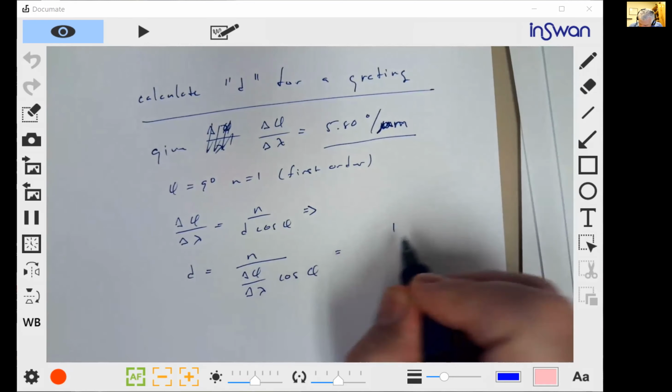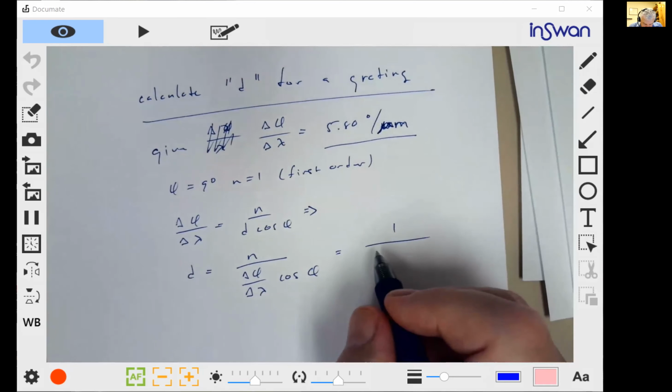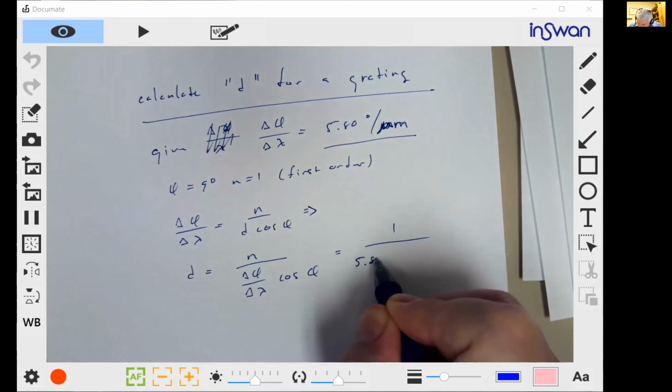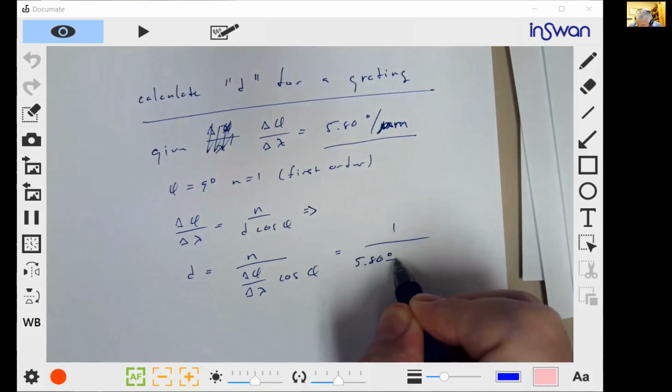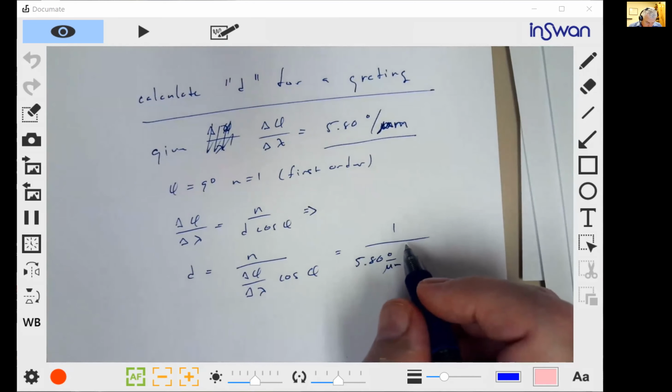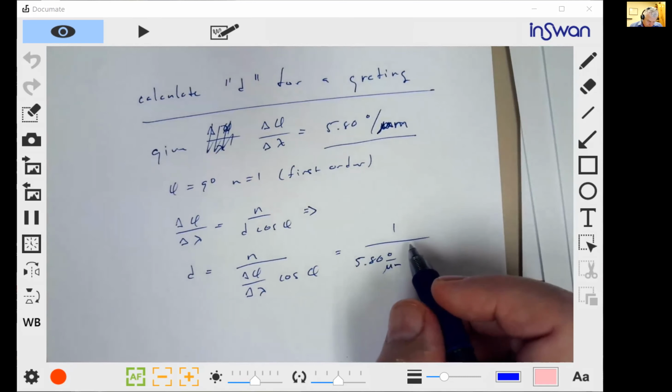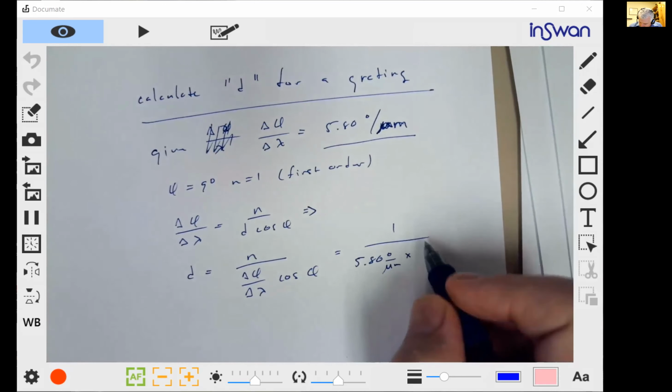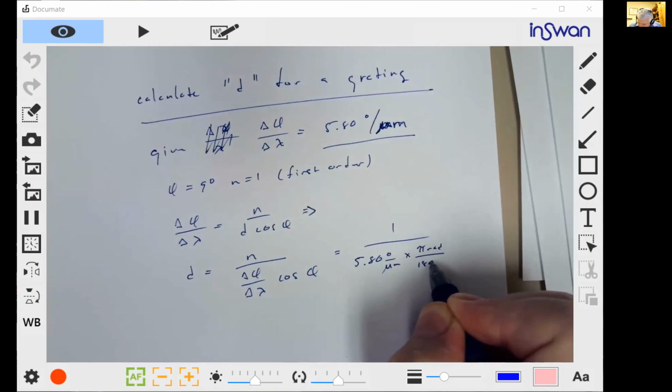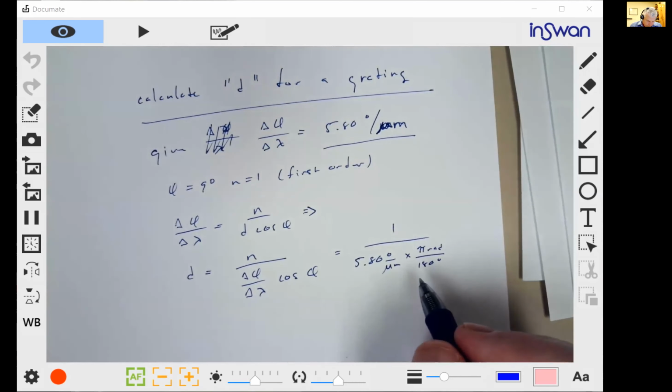So that will equal 1 over, okay, now we're going to put in the 5.80 here. This is degrees per micron, right? And then we're going to multiply that by pi radians per 180 degrees.